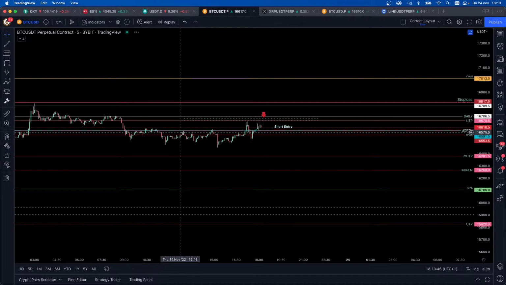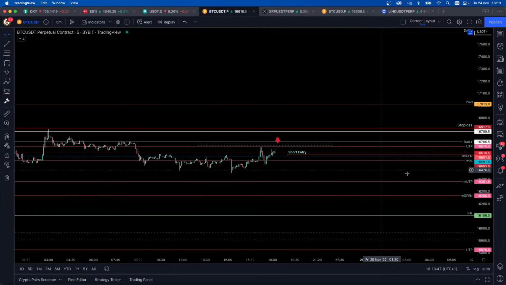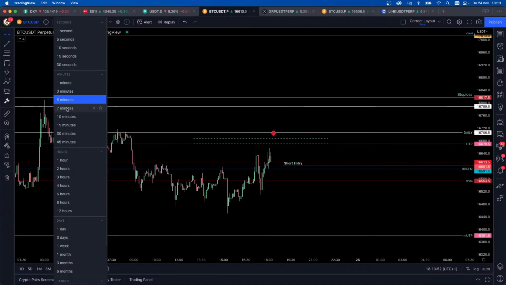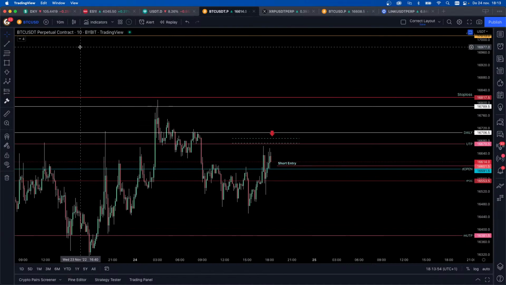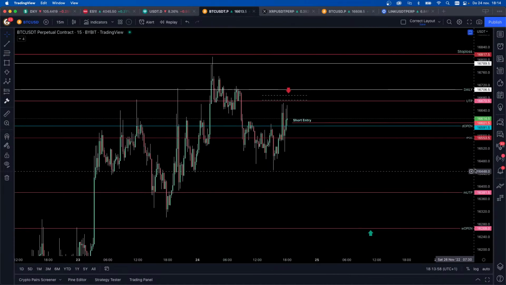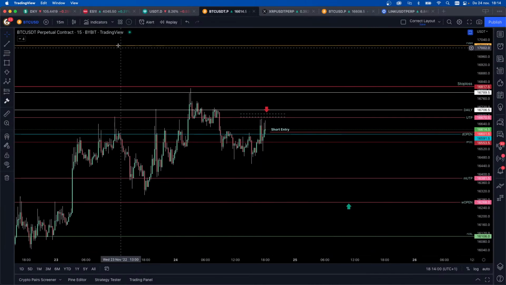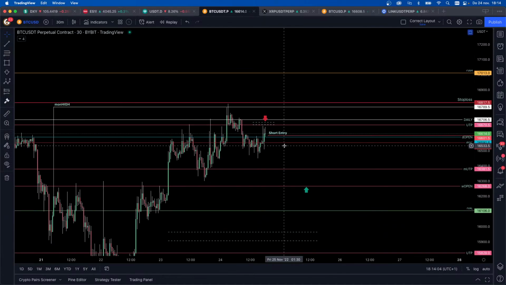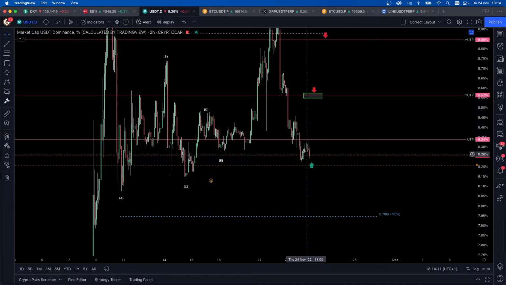So then you just have to stick to your plan, and you just have to wait before either the stop loss hits or the target hits. So I think we'll have to wait. I'm not sure if it will happen today or tomorrow. We'll have to see what USD gives.